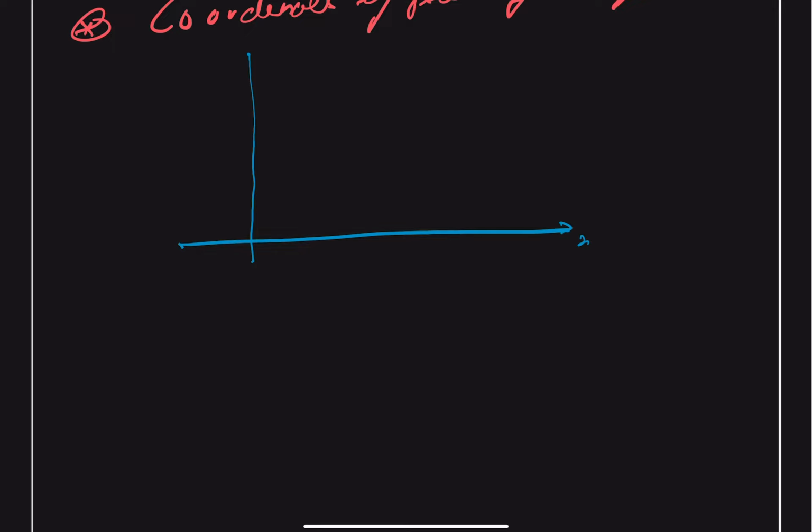So this is the x-axis, the y-axis, and the glass slab has a thickness of 1, which is something like this.